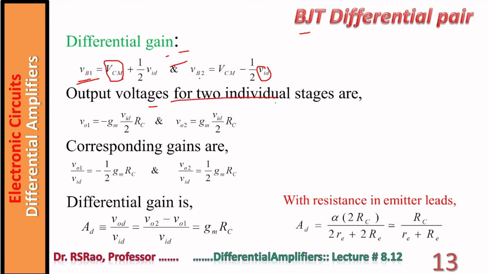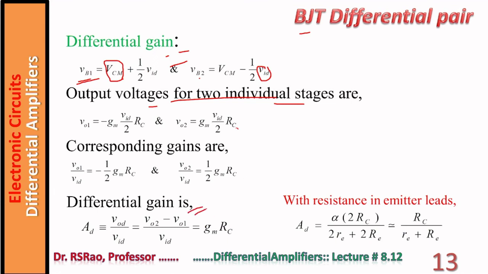Output voltages for the two individual stages are V01 equal to minus GM VID by 2 times RC, and V02 equal to GM VID by 2 times RC. Corresponding gains are V01 by VID equal to minus half GM RC and V02 by VID equal to half GM RC.